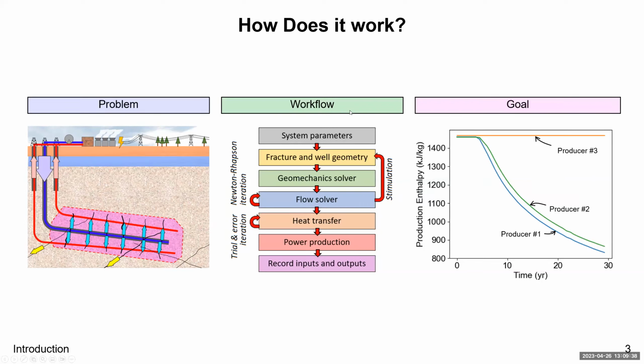So we do that evaluation through this workflow here. We start with the system parameterization that would embed the uncertain parameters into that. And then you have the fracture generation and placement of the wells.